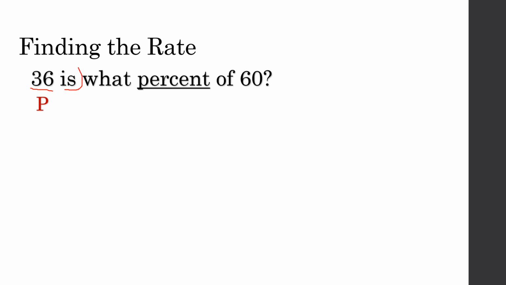Kasi may salitang is. So, yung 60 here ay tinatawag nating base. Bakit? Kasi meron siyang salitang of sa unahan. So, what is missing? Present ang percentage, present ang base. So, the missing element is the rate.